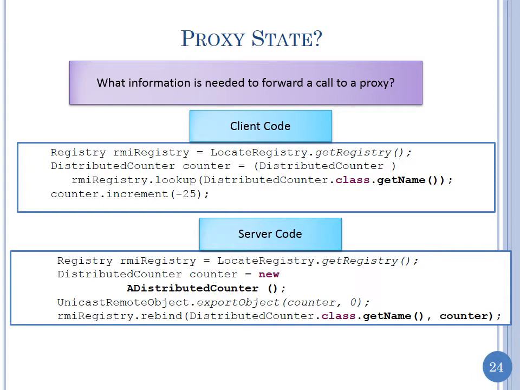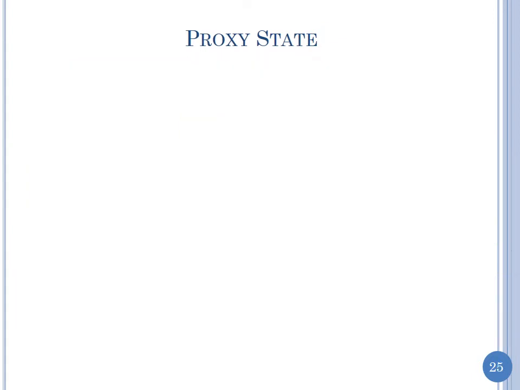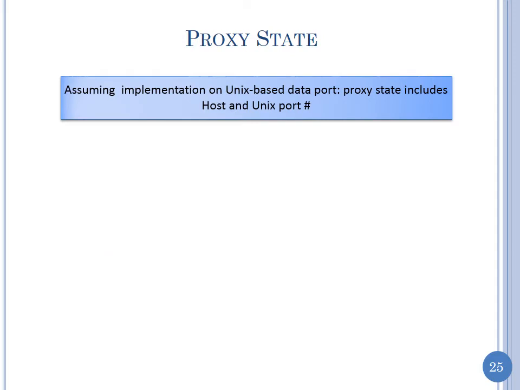Based on these two pieces of code and what we've seen before in our various lectures, let us now try to answer the question, what information is needed to forward a call to a proxy? There are many ways to implement this, but let's assume an implementation on a Unix-based system.